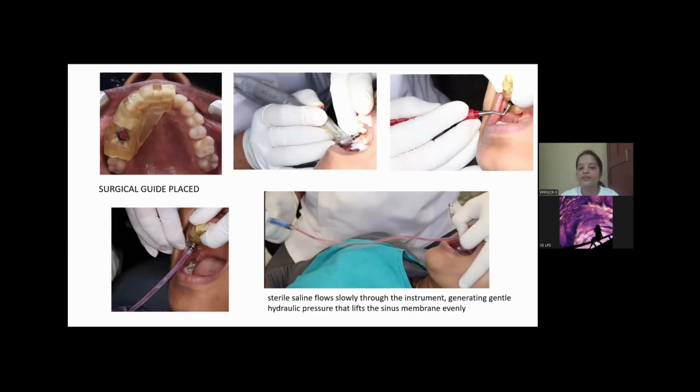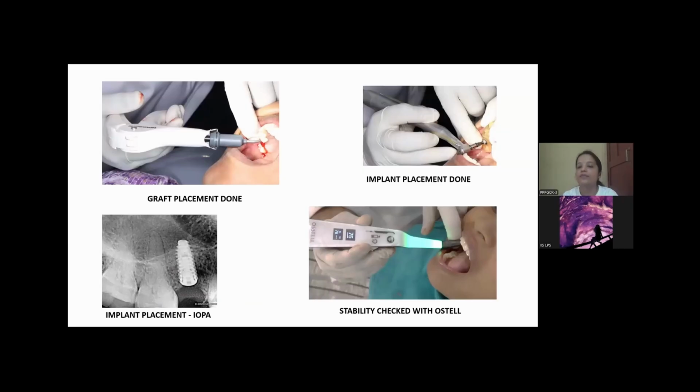Later, we used another instrument through which sterile saline was made to flow, creating some hydraulic pressure in those regions, such that it will lift the sinus membrane eventually. Later, graft was placed, and implant placement was done, and stability was again checked in this situation as well.